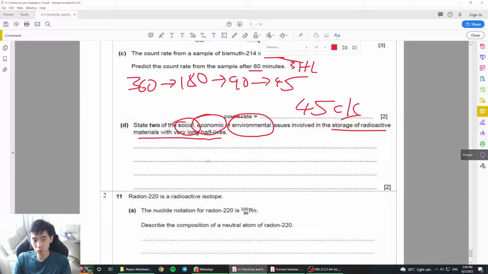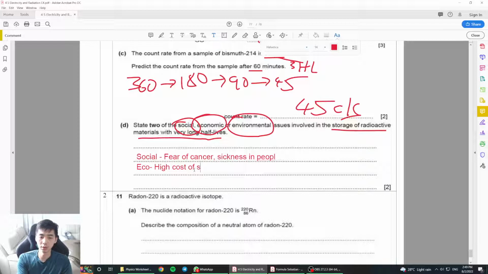Oh, am I supposed to write? Yeah. So social-wise, according to Mark's schema, it will be fear of cancer or sickness in people. Economical-wise, it will be a high cost of storage and also reduction in tourism, which is essentially money.